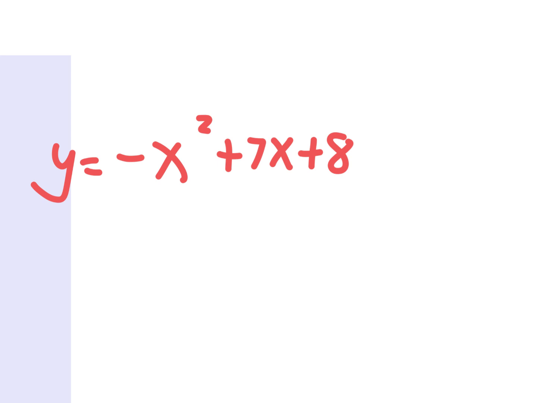Do this. Take the -1 out, put a parenthesis. And to do a GCF, you divide them all. Divide, divide, divide.